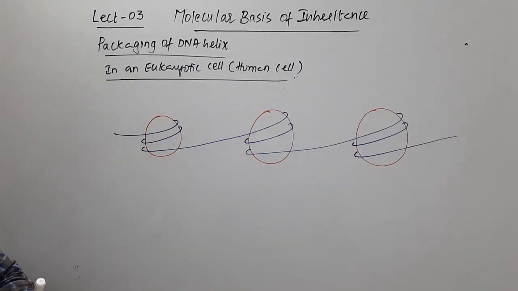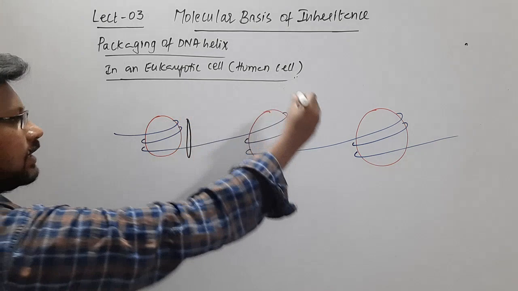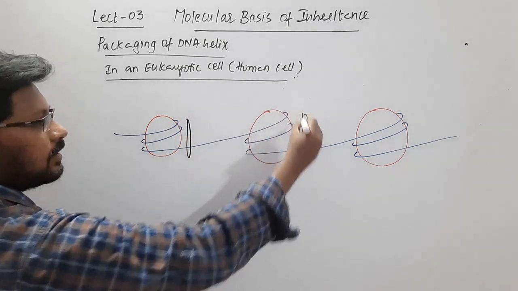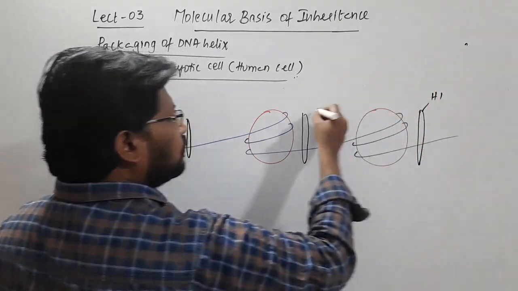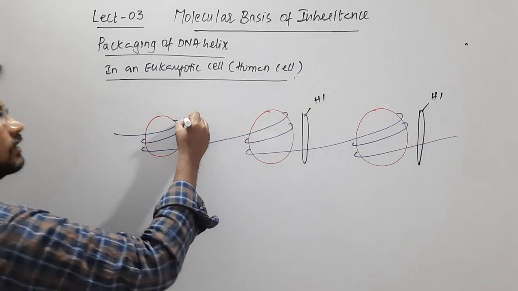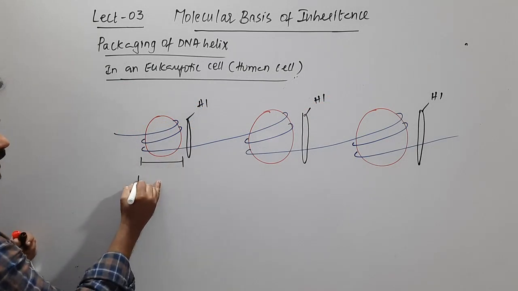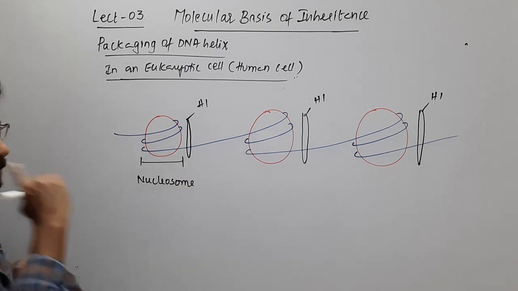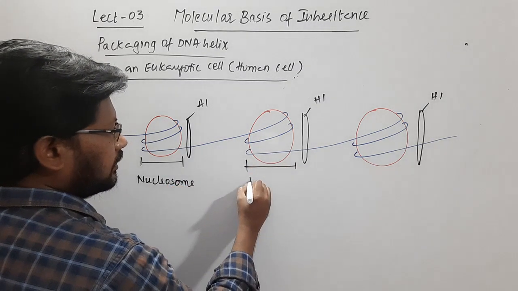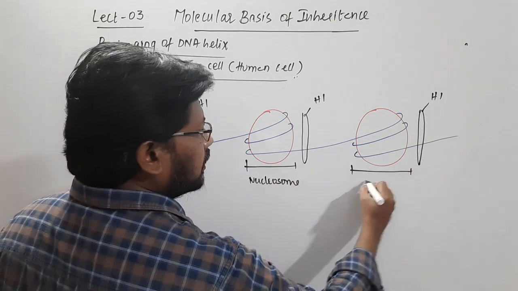And outside this we have the H1 histone. So this is H1, H1 and H1 histone, and this is a nucleosome. And this is again a nucleosome, right.